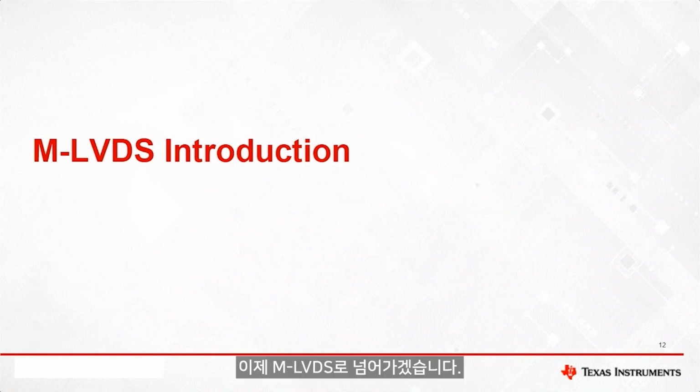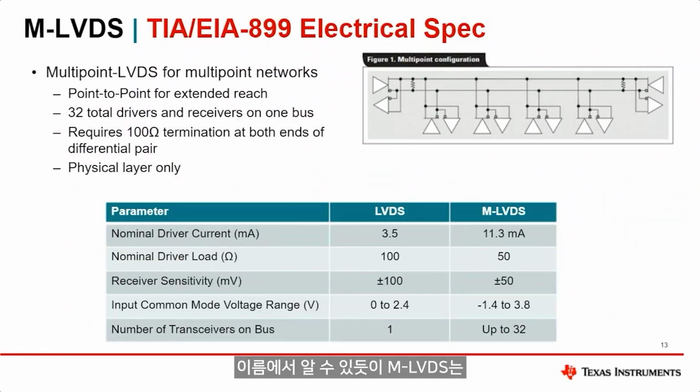Now I will move to M-LVDS. As the name suggests, M-LVDS is an extension to the LVDS protocol to support multi-point configuration. Again, similarly to LVDS, it's a protocol defined by TIA/EIA-899, and it just defines the physical layer electrical characteristics.